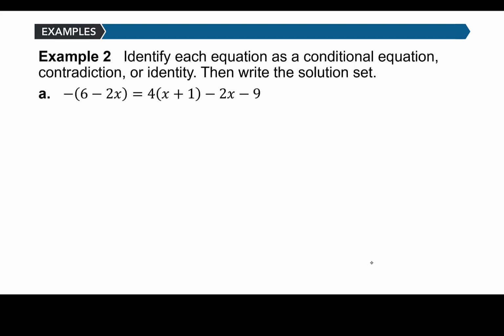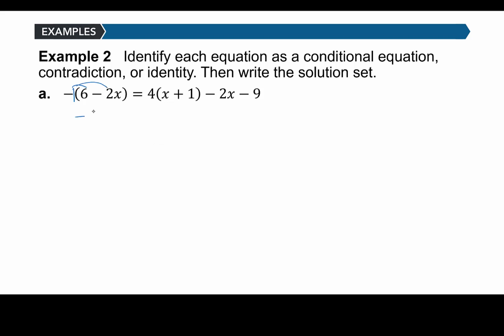In this example, I have the opposite of (6 minus 2x) equals 4 times the quantity (x plus 1) minus 2x minus 9. When I distribute on the left, remember that negative 1 is understood.